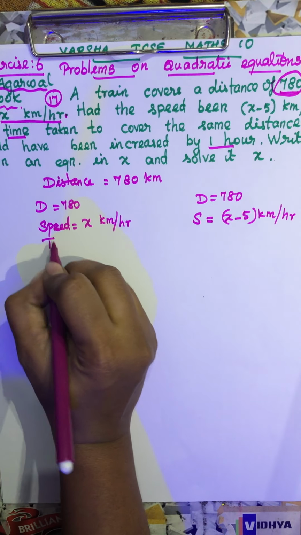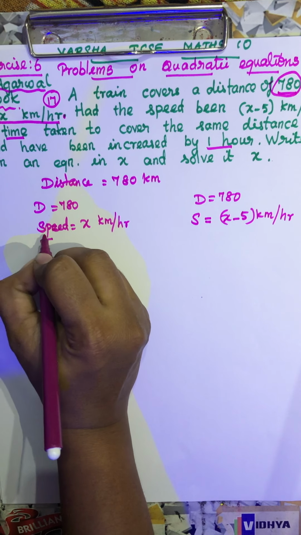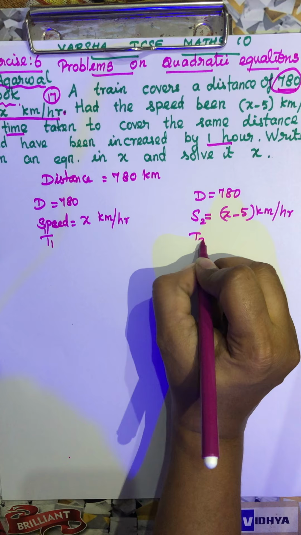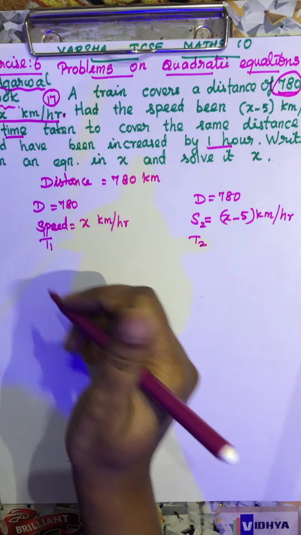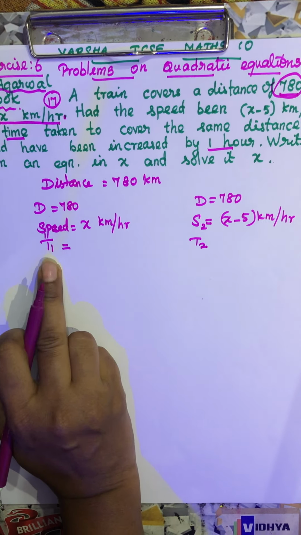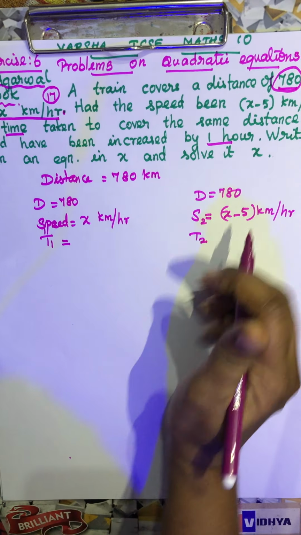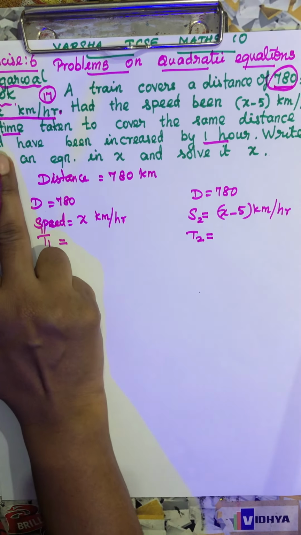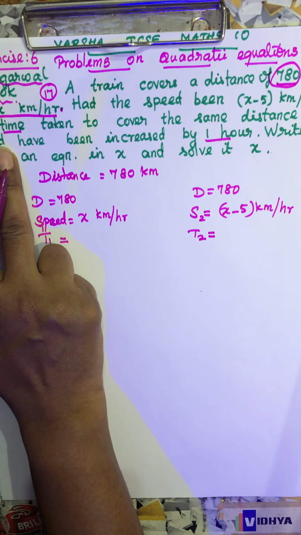What about time? You can write speed 1, speed 2, and time t1 and t2. So what is the time here? The t2 is increased by 1 hour. What do you mean by that?